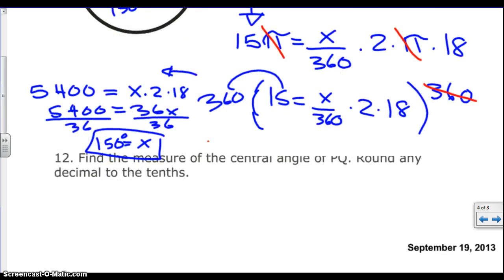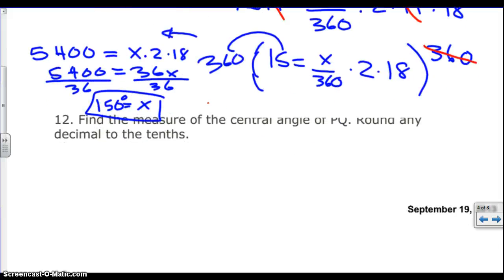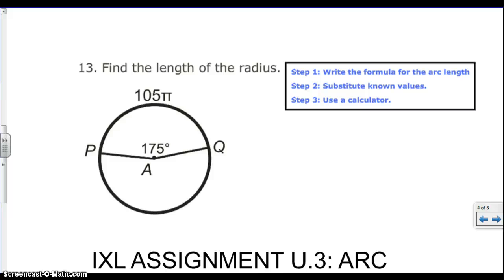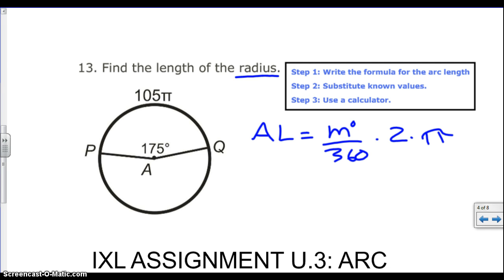Let's just set it up. Yeah, we're going to set this one up for you. So same idea. This time, they're asking you to find the radius. So let's write our equation. AL equals m over 360 times 2 pi r. Our angle is 175, and our arc length is given to us as 105.